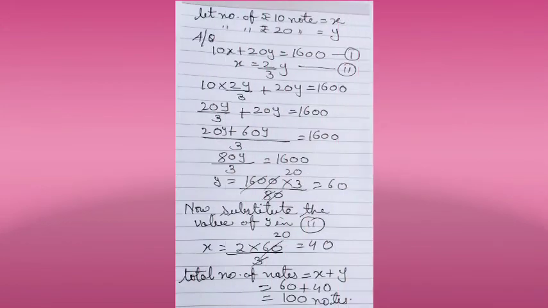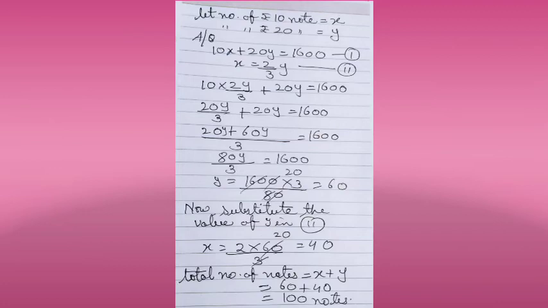So let the number of rupees 10 notes be x and the number of rupees 20 notes be y. So according to the question, 10x plus 20y is equal to 1600. Then it is given x is equal to 2/3y. Clear? X is equal to 2/3y.